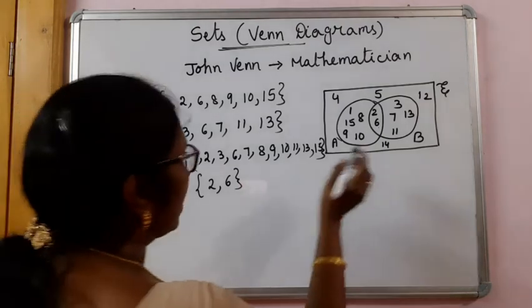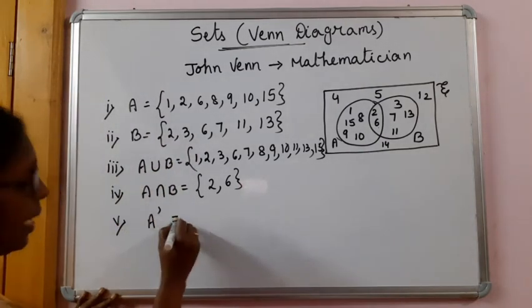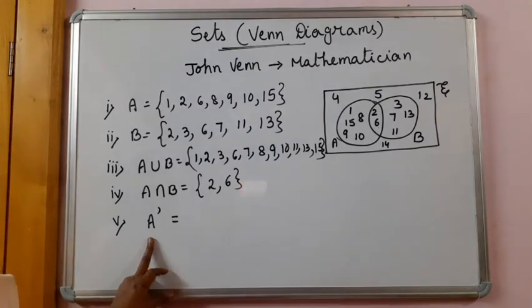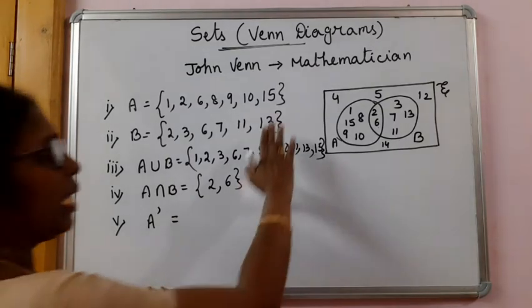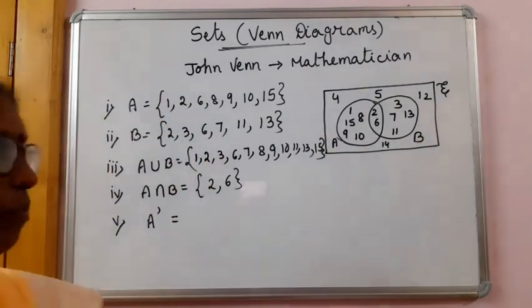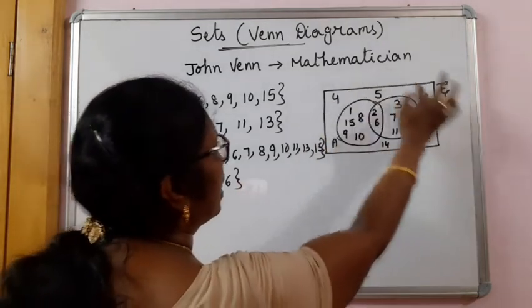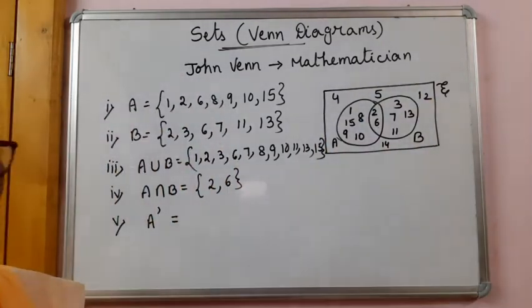Now let us find how to write set A dash, that means complement of set A. In the universal set, the numbers 1 to 15 are there. A dash means leaving the elements of A, the remaining elements we have to write.